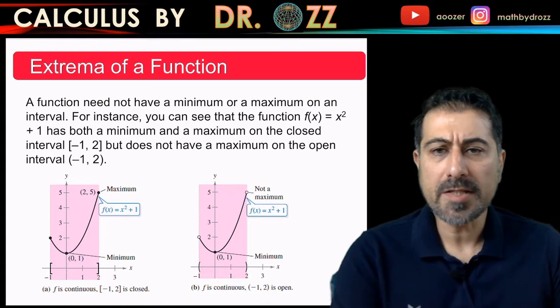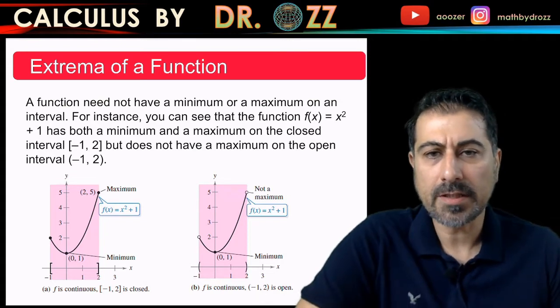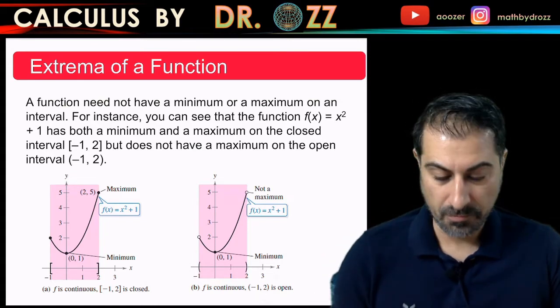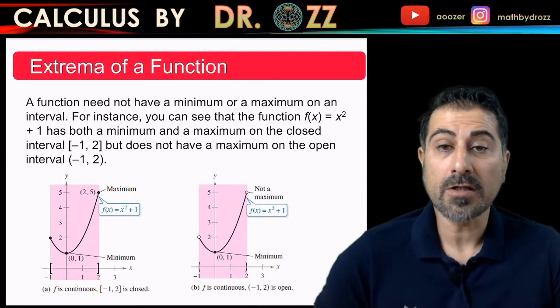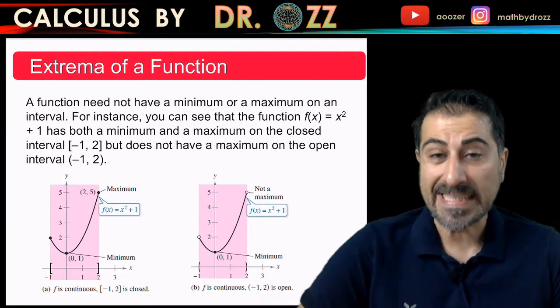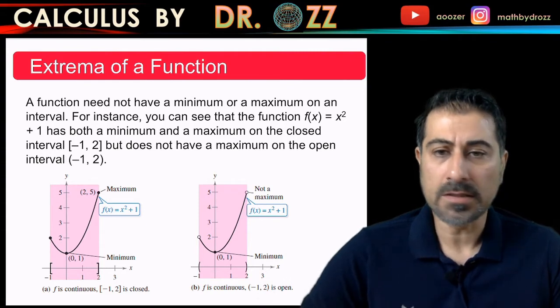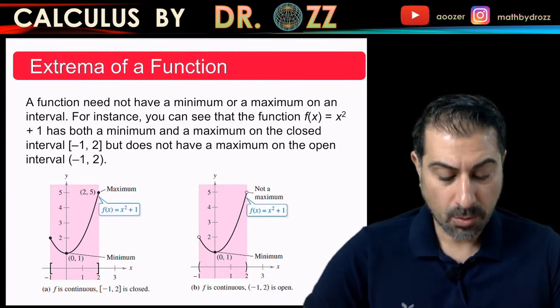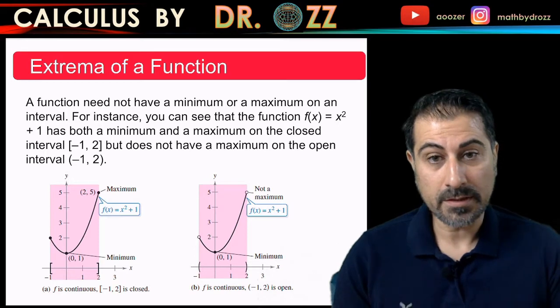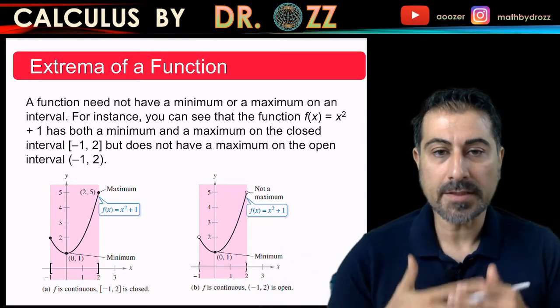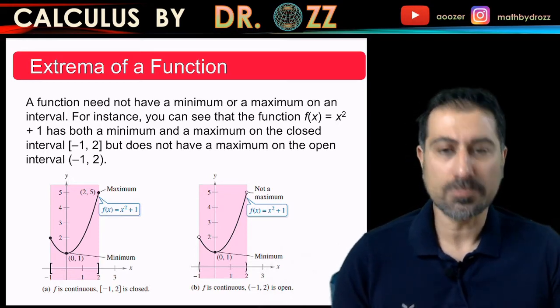Here is an immediate comment about extrema of a function. If you start with a function on an interval, that function doesn't need to have extrema on the interval provided to us. It could have extrema, but it does not need to have a maximum or minimum.